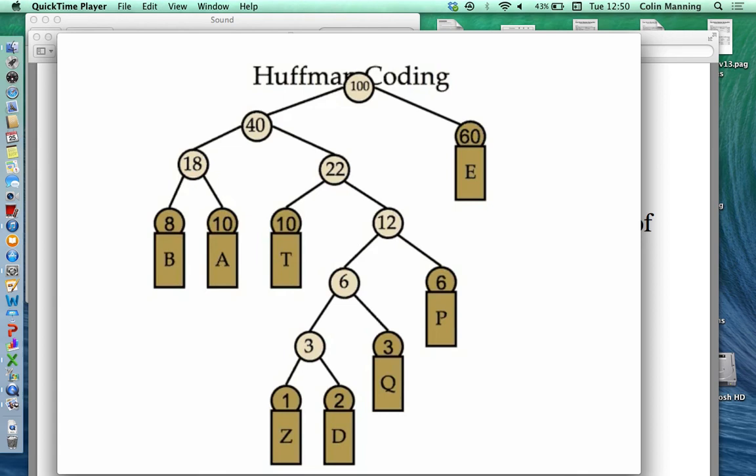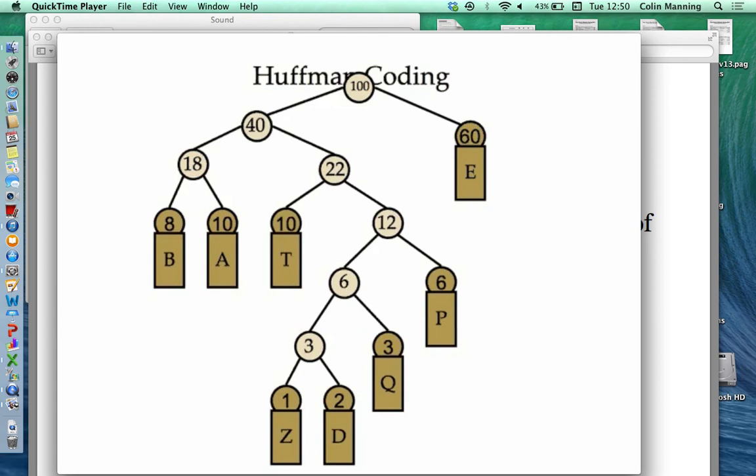Now here I made them all add up to 100. So you might be looking at percentages or you might be looking at absolute values. Either way, it should add up to the total. Once we have that tree, you'll notice that the infrequently occurring characters are down at the bottom.